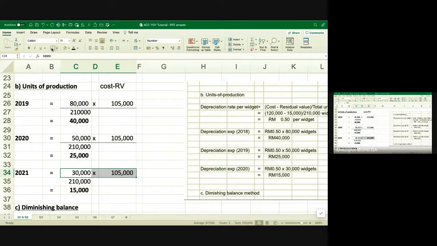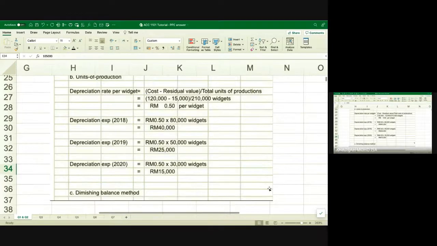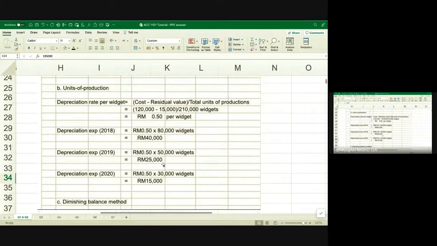Okay. But there's another way for you to do this unit of production, whereby you compute the cost per unit. So this is another way of using units of production, where you compute the depreciation rate per widget.